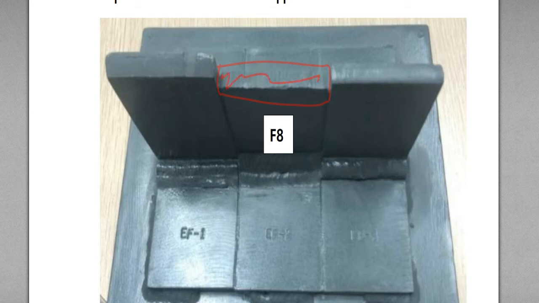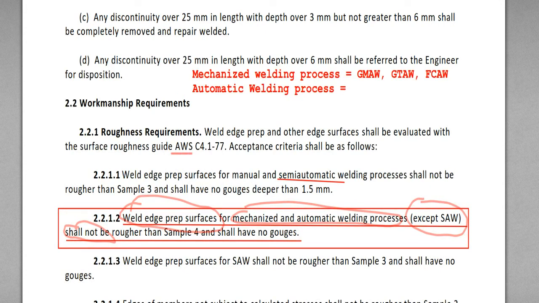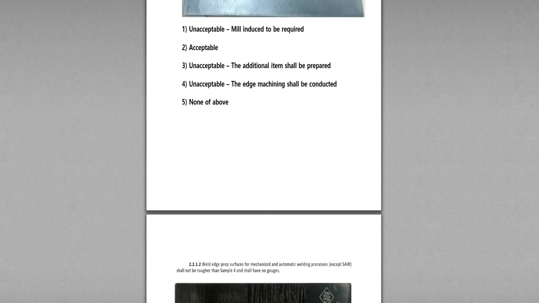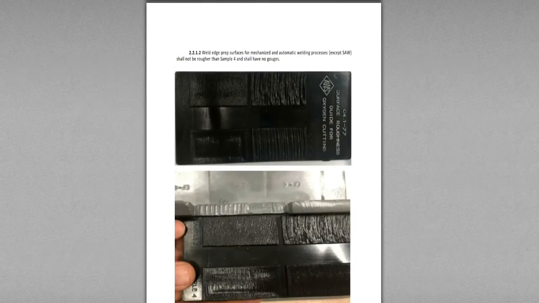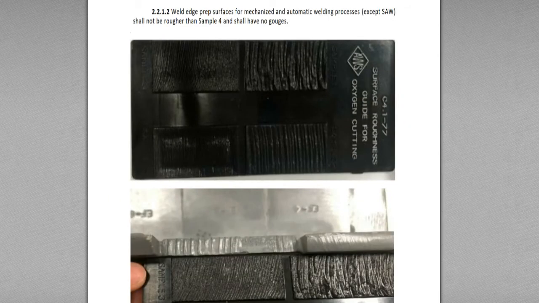This is surface roughness, and you use the AWS C4.1-77, which looks like this. This is the AWS C4.1-77 surface roughness guide for oxygen cutting.